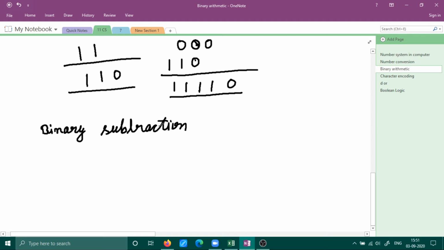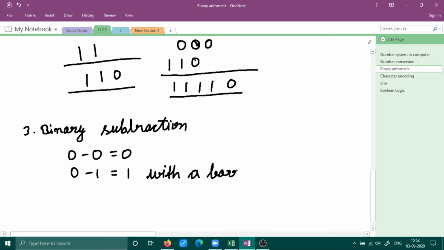So to do binary subtraction, first of all we need to learn the rules of binary subtraction. Here 0 minus 0 will become 0. 0 minus 1 will become 1 with a borrow, and this borrow will come from the higher digit.